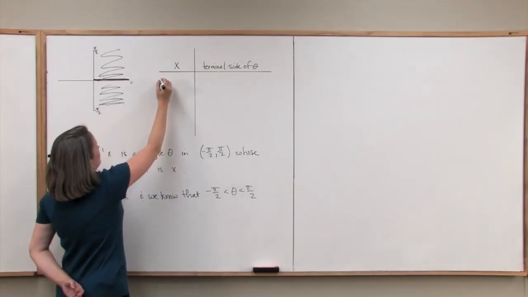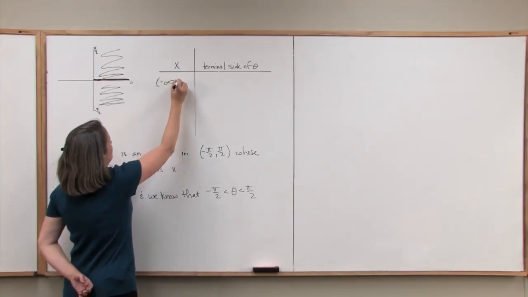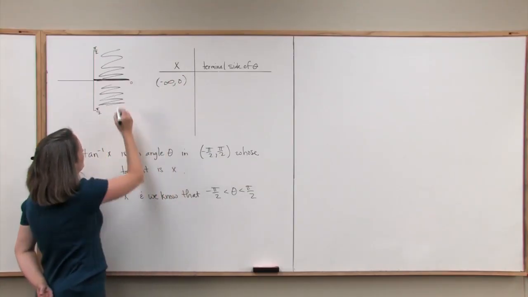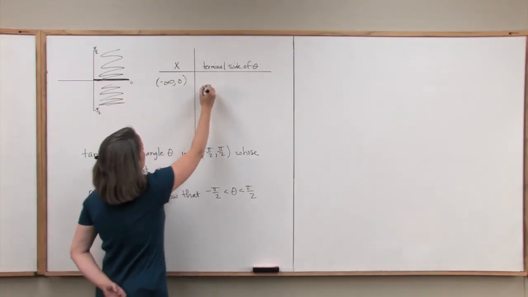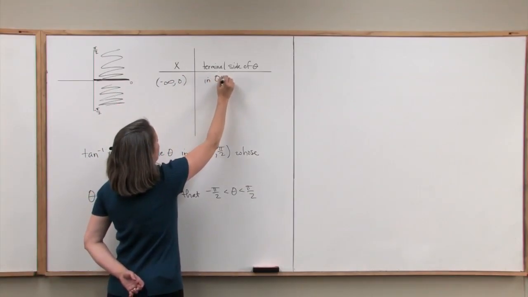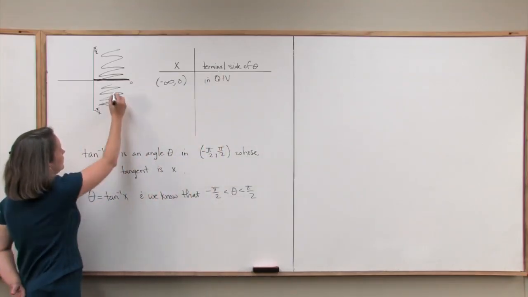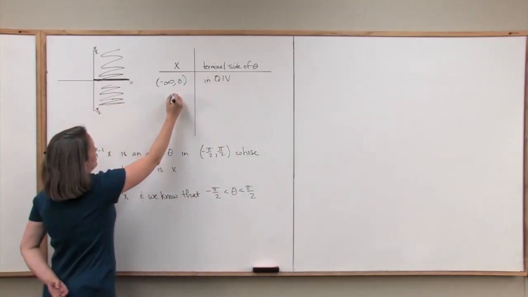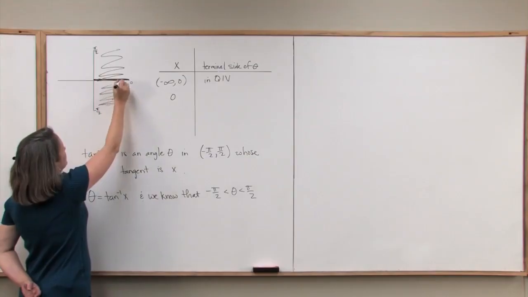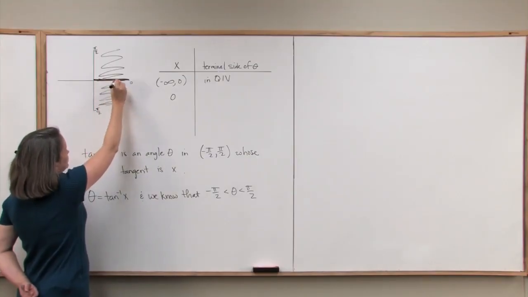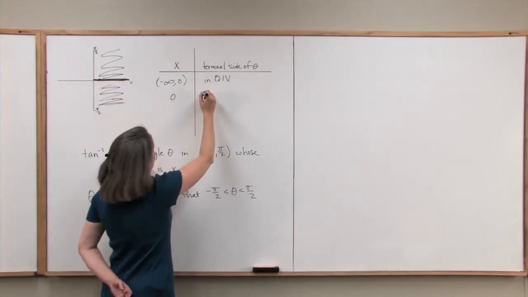Okay, so we'll organize our information in a chart. If x is a negative number, then the terminal side of theta will lie in quadrant 4, here. If x is equal to 0, then the tangent of theta will lie on the positive x-axis.